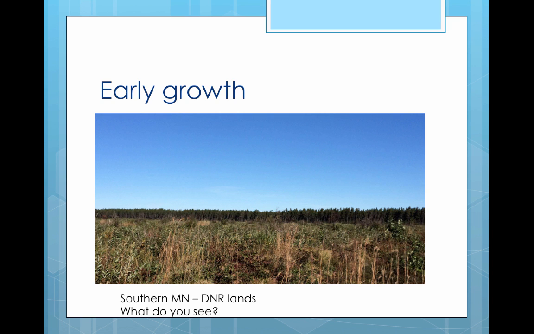So there's walnuts, there's different oaks, there's hickory, and they're all maybe about 3 to 5 feet tall, and they're competing with invasive species such as cheatgrass and other things that are right now impacting them. So we're going to talk about how release treatments can be used in this example. This is a really good example. These are young trees, and we want to remove competing vegetation.